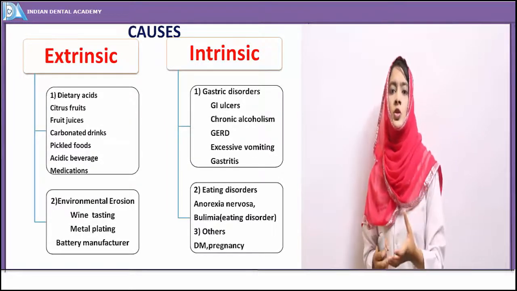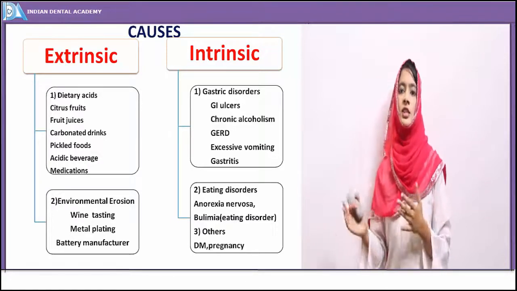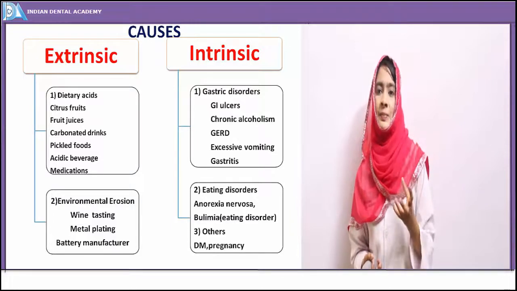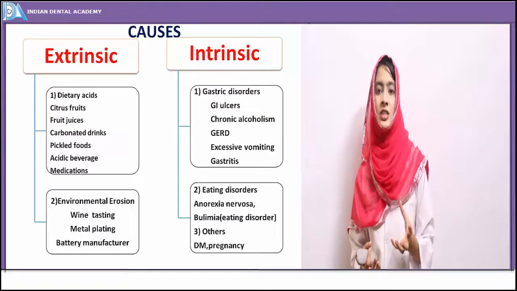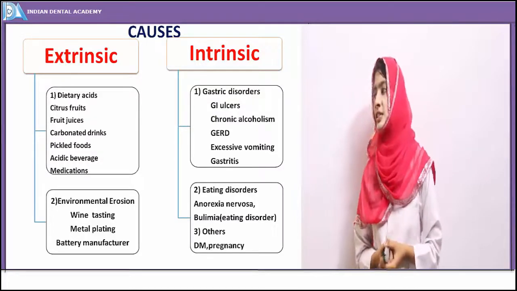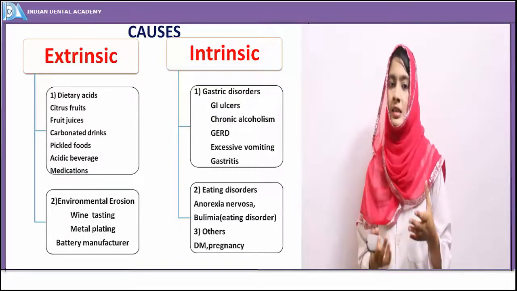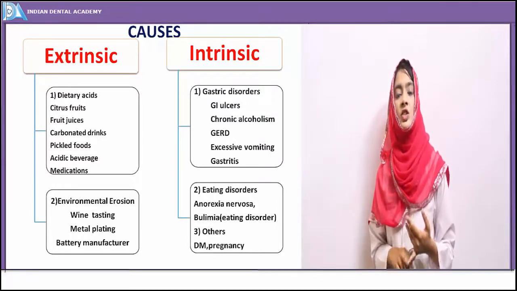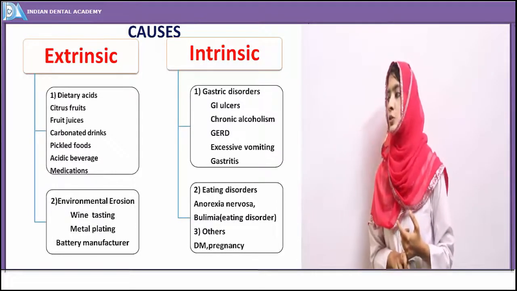Consumption of soft drinks is common in children and adults, almost everyone. These acidic beverages have a low pH, so they lead to loss of the enamel surface. Then fruit juices like citrus fruit juices are acidic in nature. When consumed excessively, they lead to loss of tooth surface.